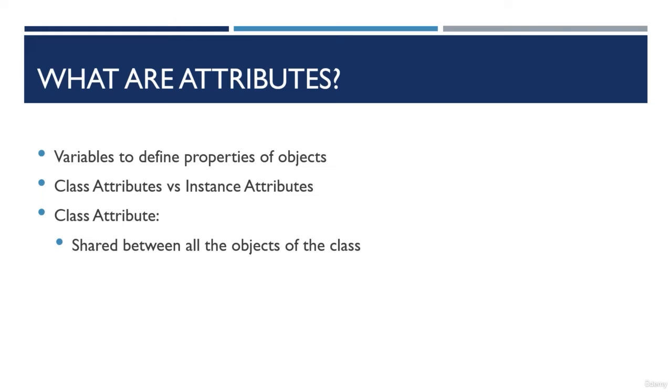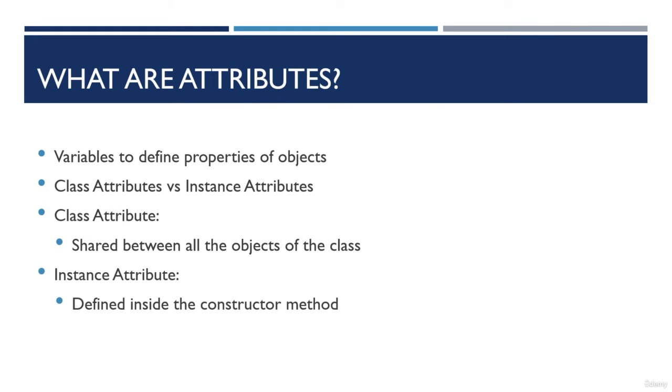And the meaning of instance attribute is about creating a normal variable inside the constructor method. The constructor method is called the dunder_init method in the Python programming language. Inside the constructor method, we define or declare instance attributes with the self parameter.